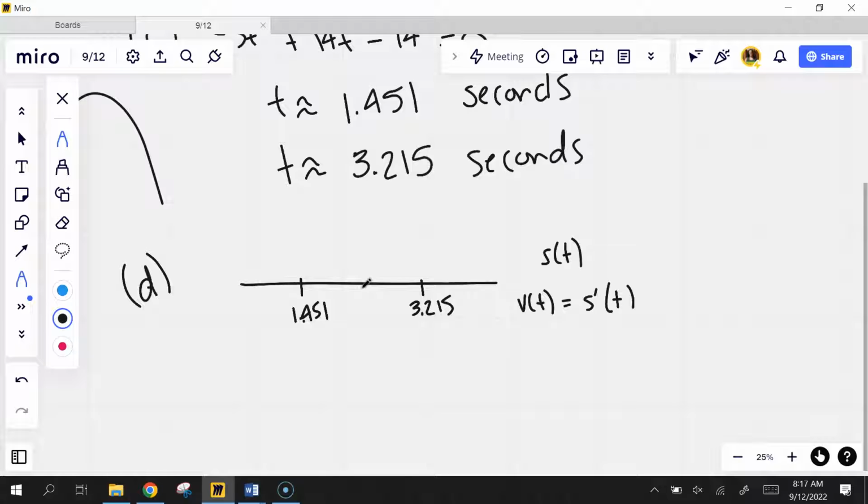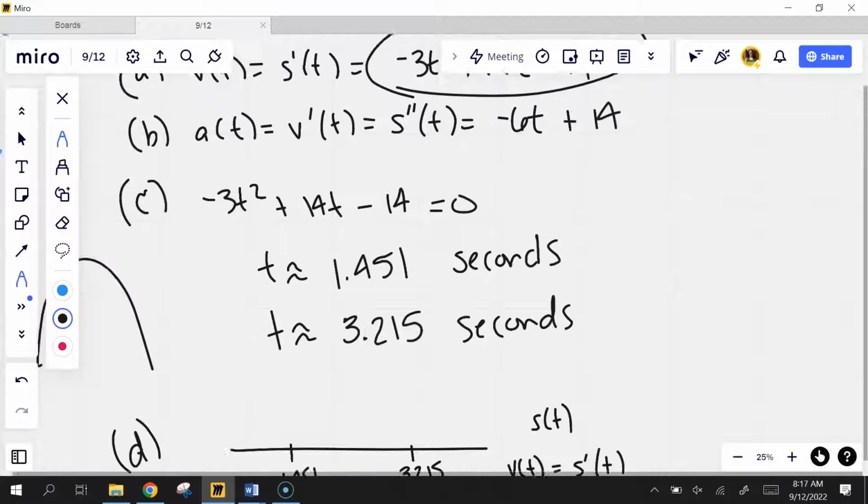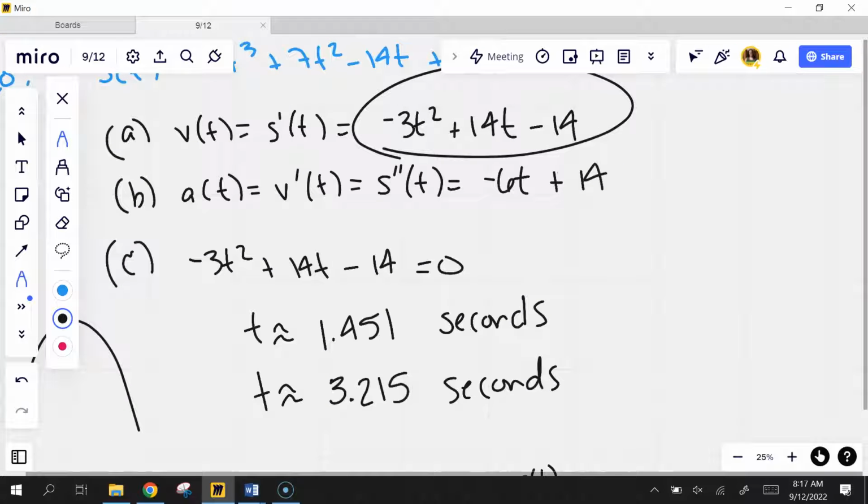So if you already have it graphed, this is pretty easy, okay? Because if you've got the derivative graph, let me just graph it now and I'll show you. Negative 3x squared plus 14x minus 14. This is what I like about a calculator problem with one like this, because it's a little easier.